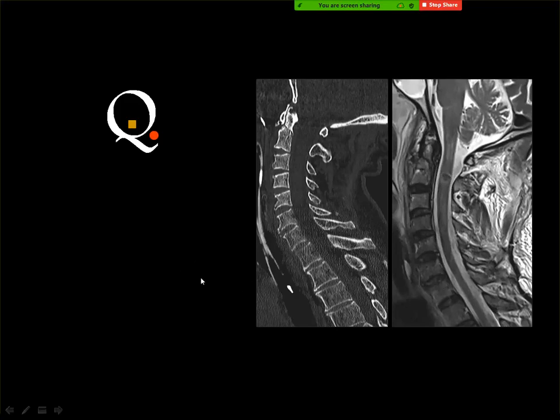The rim surrounding the hematoma is perifocal edema. What I want from this case is to remind you that in every case of the cervical spine, whether by CT or by MRI, you should look carefully at the region of the odontoid.